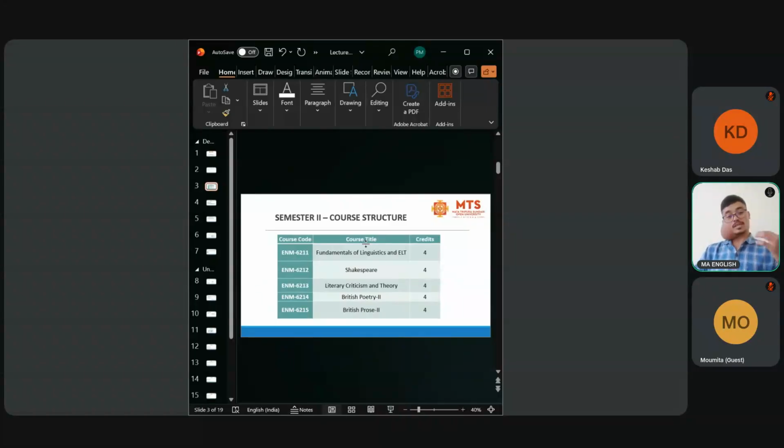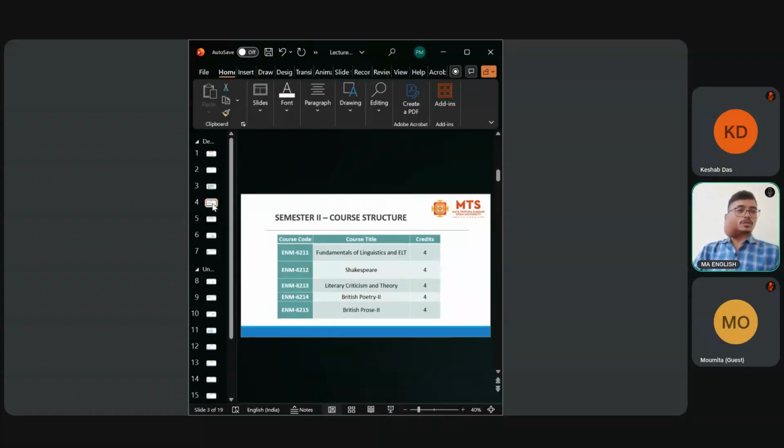In first semester, you studied British Poetry 1, right? So in second semester, you will be studying British Poetry 2. And the last paper is British Prose. Similarly, just like British Poetry 2, this is also a continuation of first semester British Poetry 1. Okay. So they all carry 4 credits. Okay. So now, it's all about the course structure.